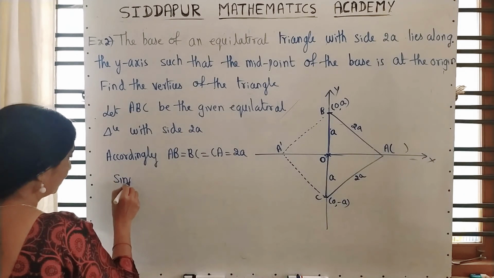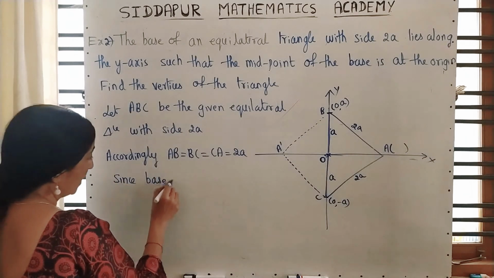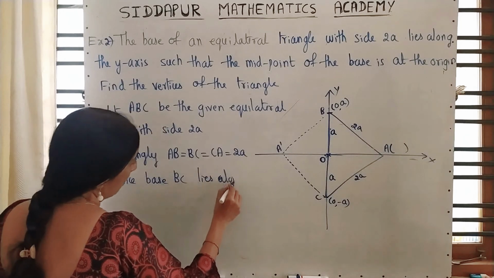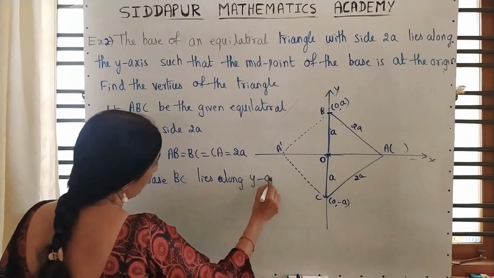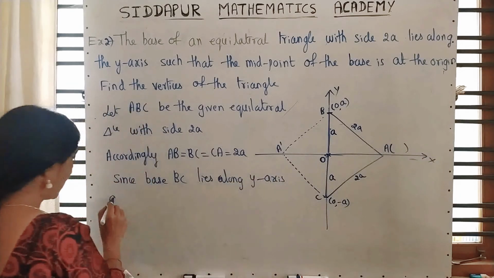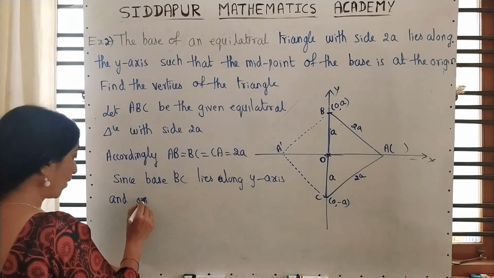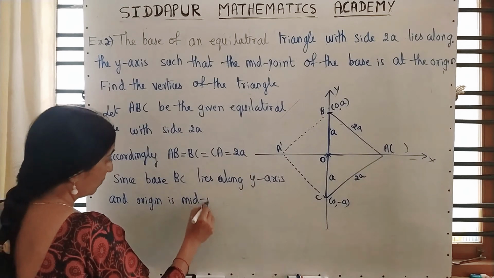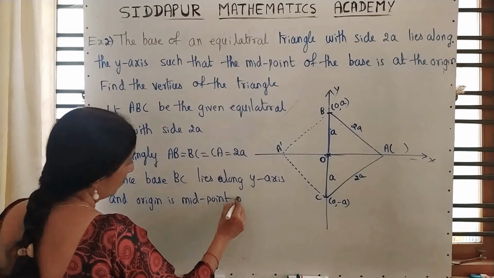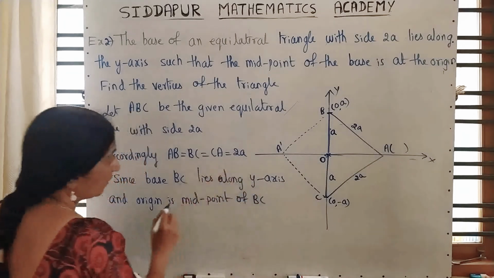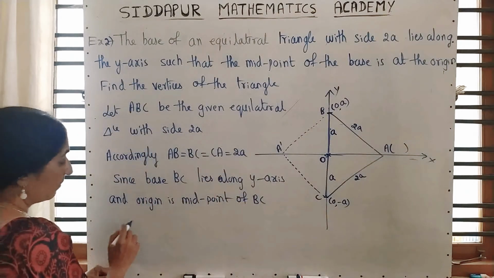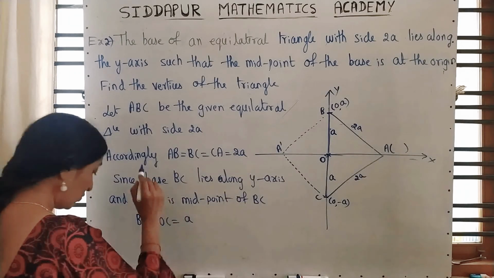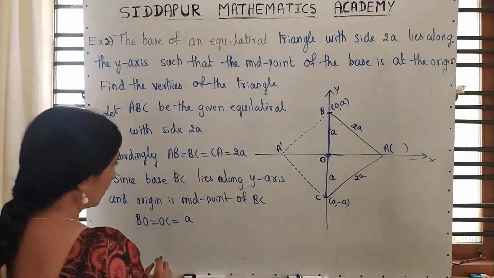Since base BC lies along y-axis and origin is the midpoint of BC, that means it divides the line into two equal parts. BO is equal to OC is equal to a, where O is the origin.